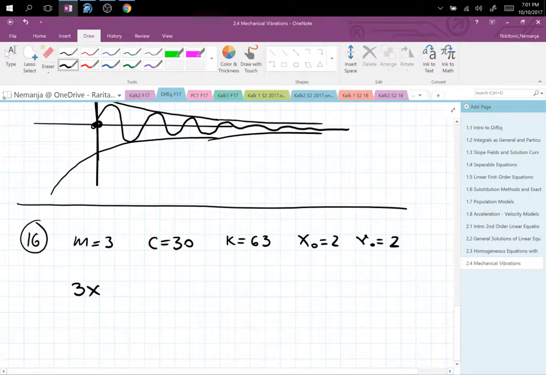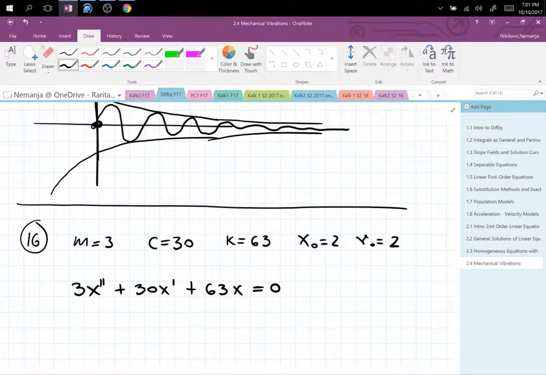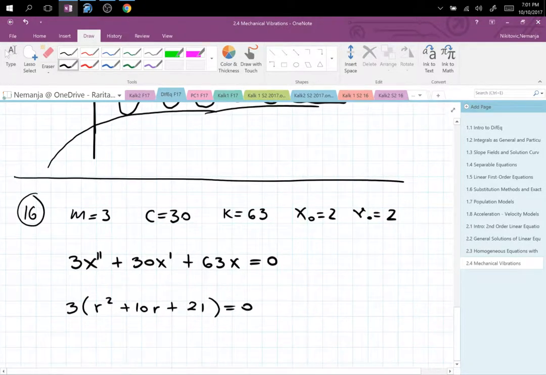So let's write the differential equation. It is mx double prime plus 30x prime plus 63x equals 0. To solve this, we just use the previous section, right? We write the characteristic equation. Hopefully you see that you can kick 3 out so you don't have to suffer too much. So r squared plus 10r plus 21 equals 0. You can divide both sides by 3, and 3 just goes away.